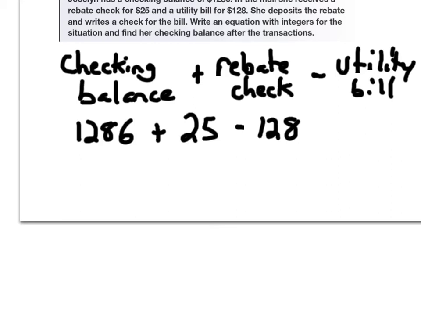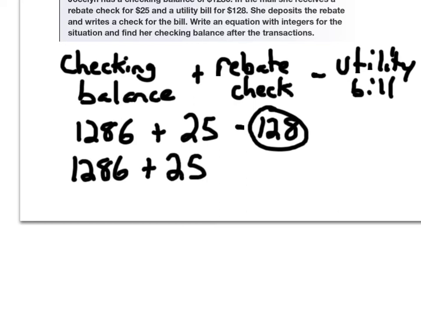So I'm going to first circle the number I'm subtracting. Okay, everything else stays the same. So 1286, plus sign doesn't change because it's already adding, 25. The subtraction changes to an addition, and we do the opposite of 128, which is negative 128.